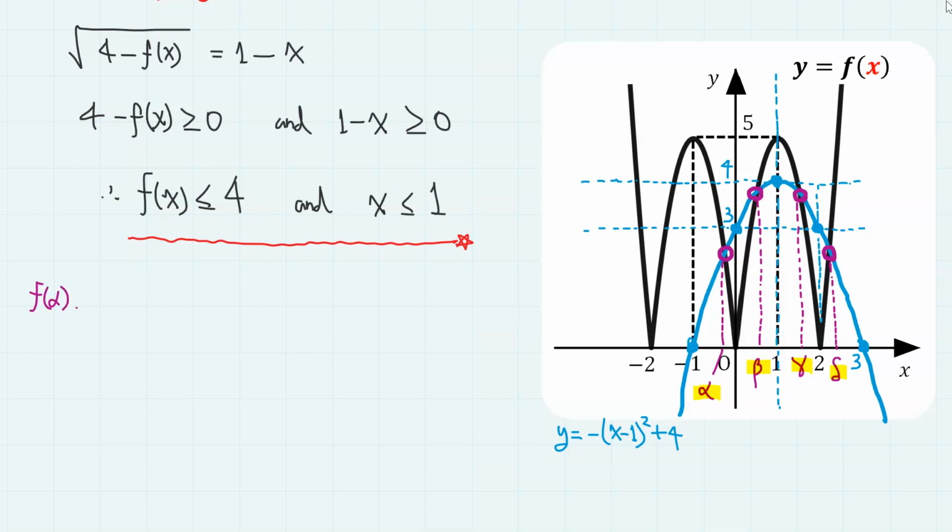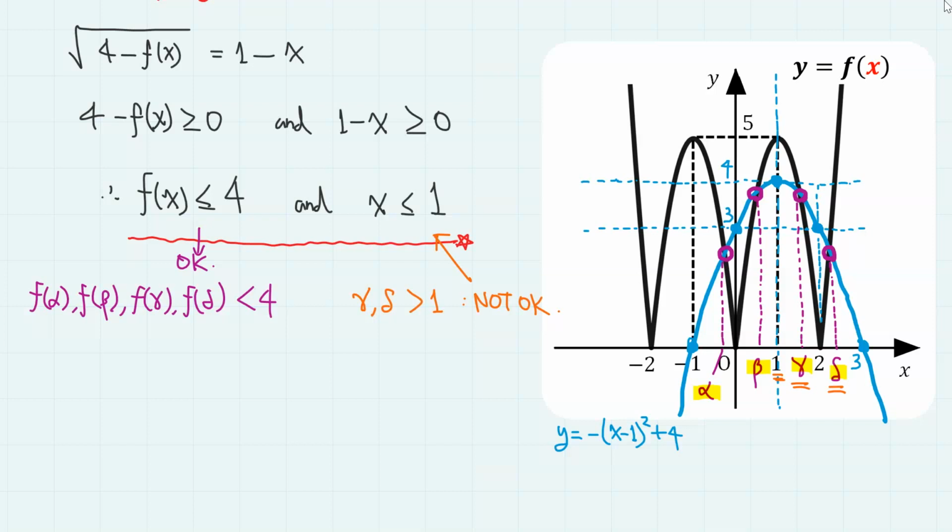Here, f(alpha), f(beta), f(gamma), and f(delta) are all less than 4, so they all satisfy the first condition. However, gamma and delta are greater than 1, so they do not satisfy the second condition.